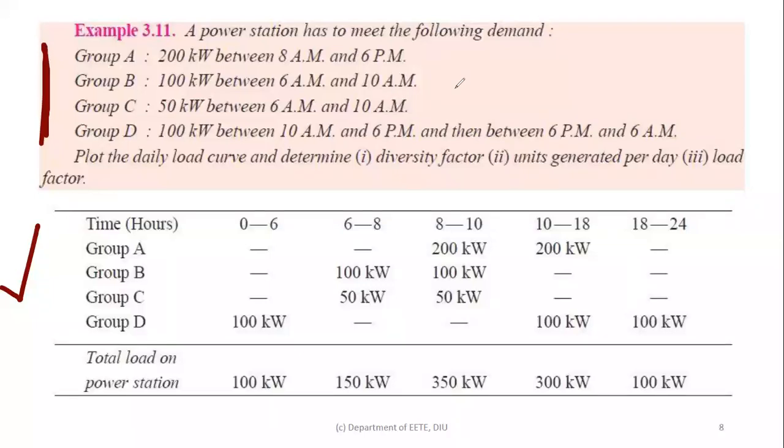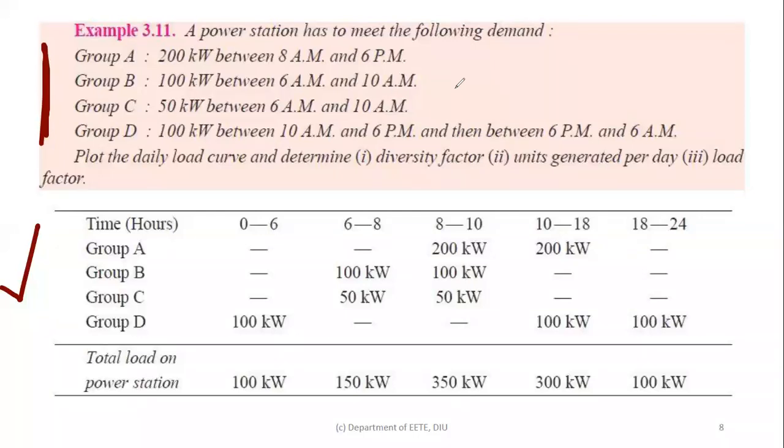The load curve will give us the total data. From the load curve we can move forward to the other things, but at first we need to calculate the load curve.